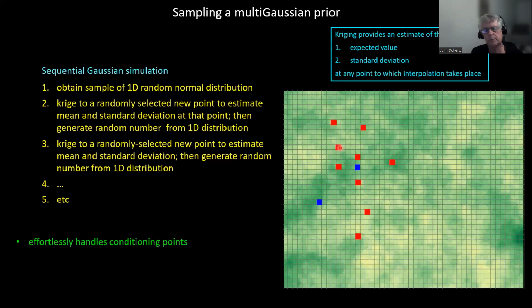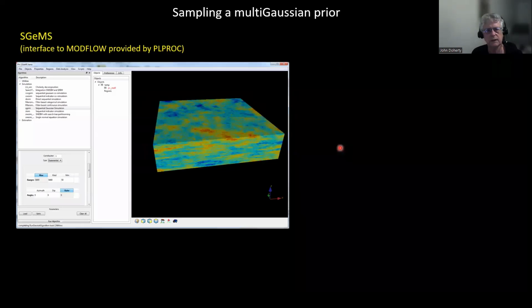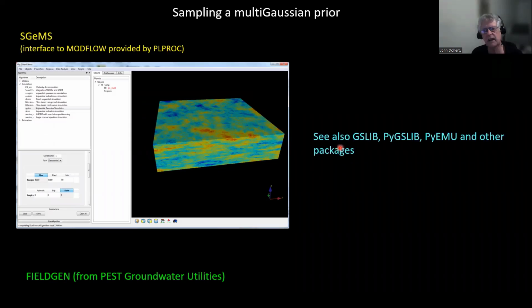Points where, for example, I may have done a pump test, so I don't need a random sample because I already know the properties. Easy to do. So coming up with a multi-Gaussian prior is not a big deal, no matter how many points, how many parameters we have. And software like SGEMS will do that for us, and there's other public domain utility software which will do that for us.